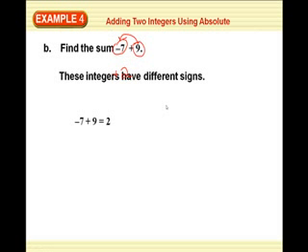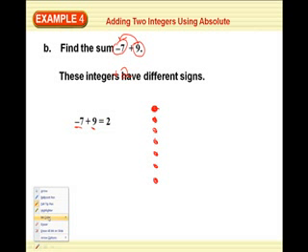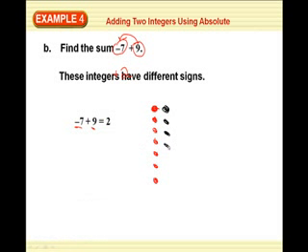Sometimes visually we can use integers. We would use like red chips. Negative would be red. There'd be 7. Here's another way to look at it. 1, 2, 3, 4, 5, 6, 7. And then the 9 would be black chips. 1, 2, 3, 4, 5, 6, 7, 8, 9.